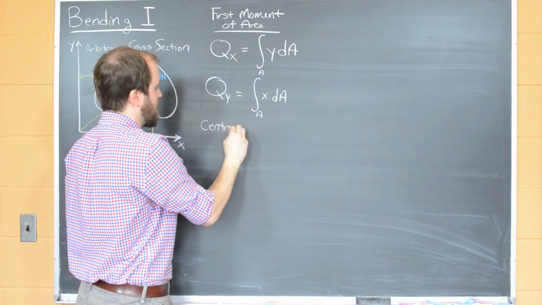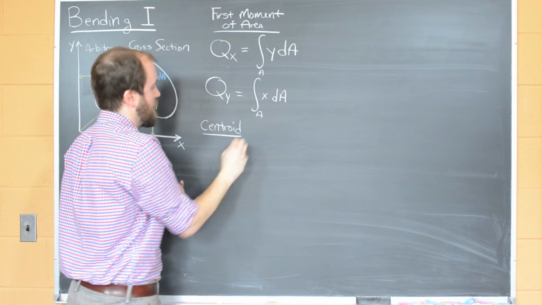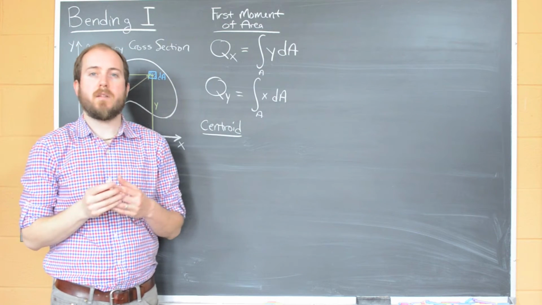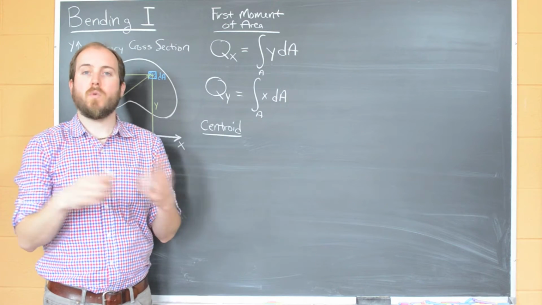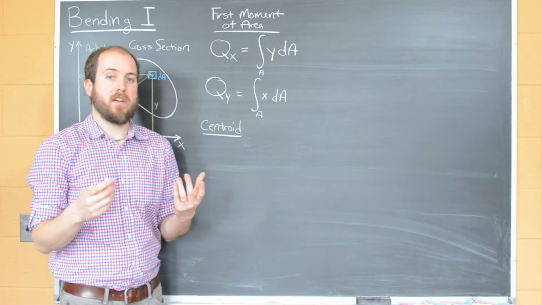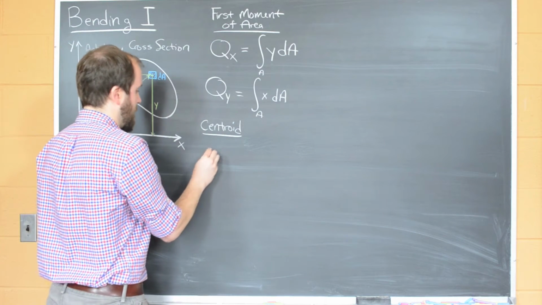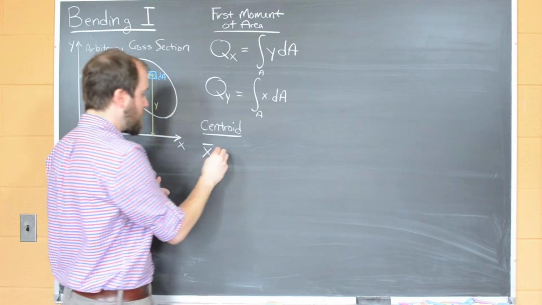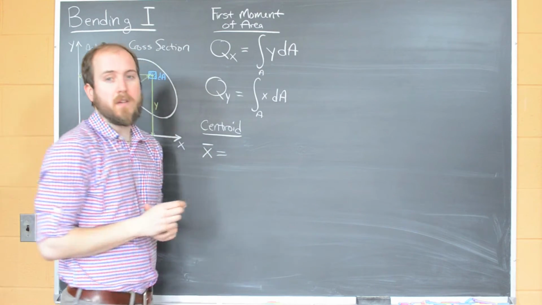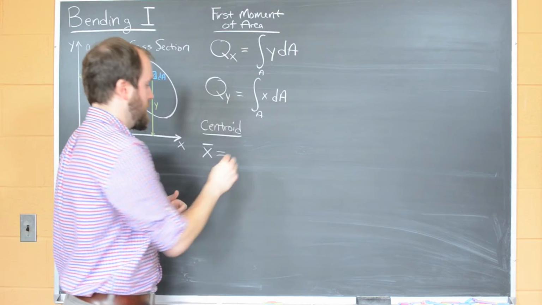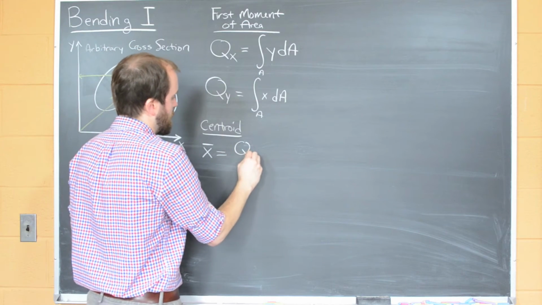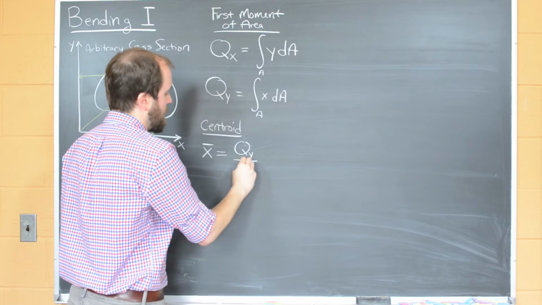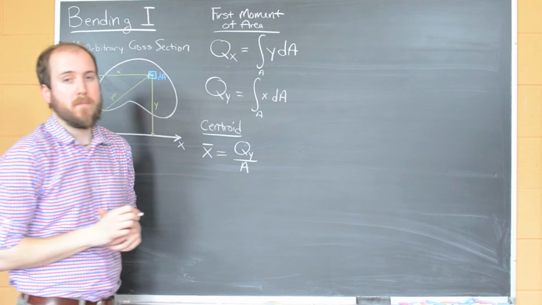And this should be a familiar topic to you. But if not, what the centroid is describing is the average x or y position of an area. And so in the case of, say, the centroid in the x direction, it's going to be equal to the first moment of area Qy divided by the total area.